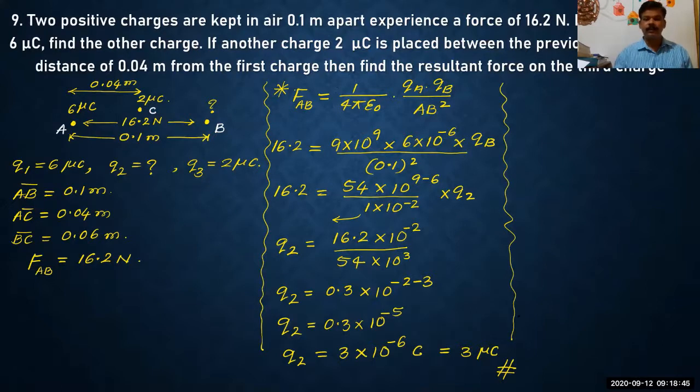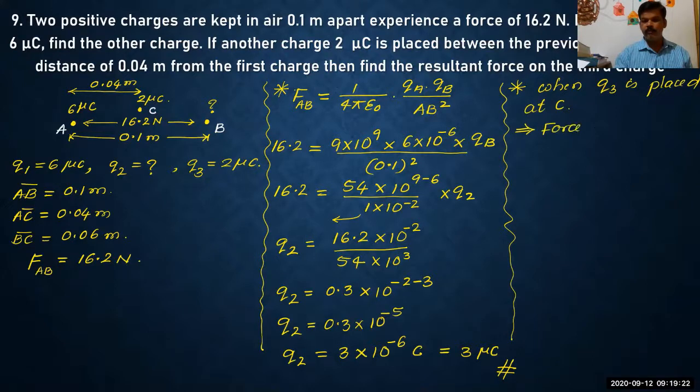Yes. Now the new thing, that is the introduction of a third charge at one particular point, that is C. So when Q3 is placed at C, then the charge experiences force from the first charge, Q1, as well as Q2, the second charge. Therefore first we have to consider the force experienced due to the first charge.